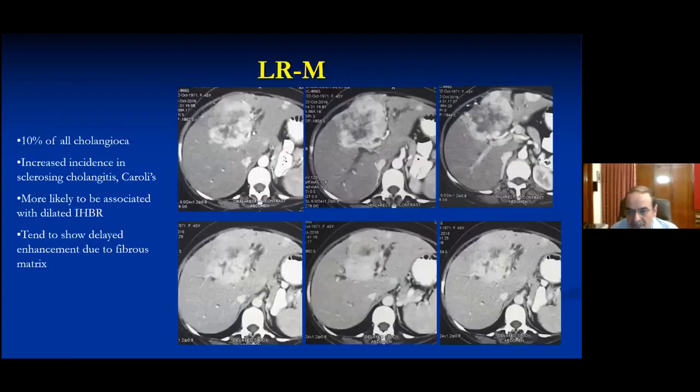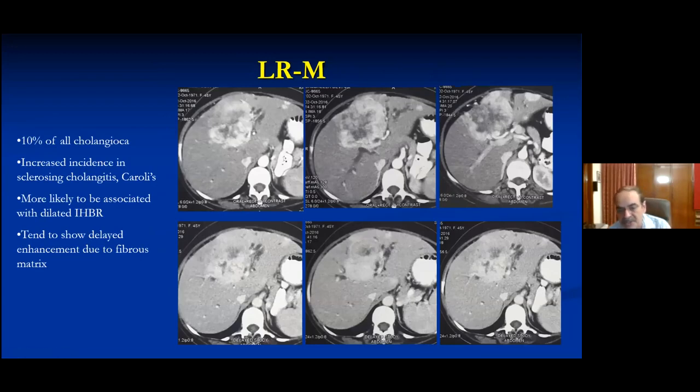The other common lesion which can occur in the cirrhotic liver, the second commonest malignant lesion in the cirrhotic liver, is a mass-forming cholangiocarcinoma. Mass-forming cholangiocarcinomas show you more of peripheral enhancement. They're associated with dilated biliary radicals and they show delayed enhancement. They do not show too much washout.